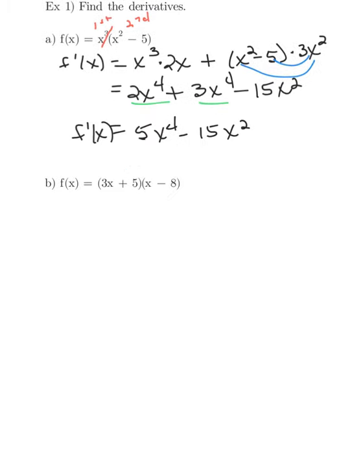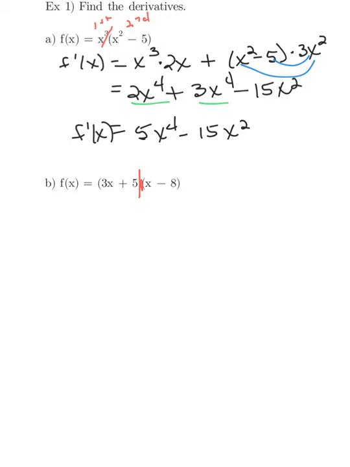On our second example for product rule, we have the function f of x being the quantity of 3x plus 5 times the quantity of x minus 8. So the multiplication is happening between the two sets of parentheses.